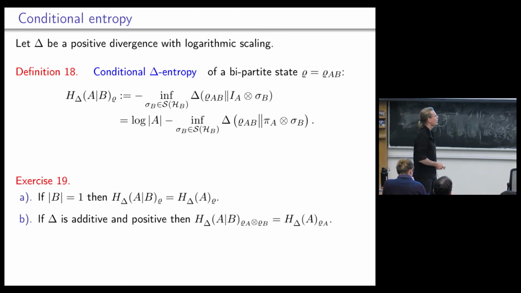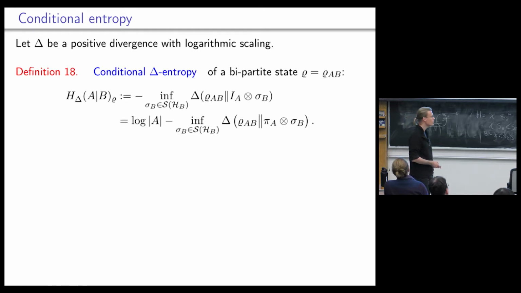So a few exercises related to conditional entropy. First of all, if the second system is trivial, then we get back the entropy. That's very simple. And also, if the joint state is a product state, which means that the systems are independent, then we again get back the entropy. So our uncertainty does not decrease if the two systems are independent.